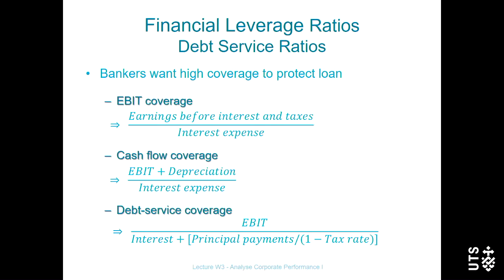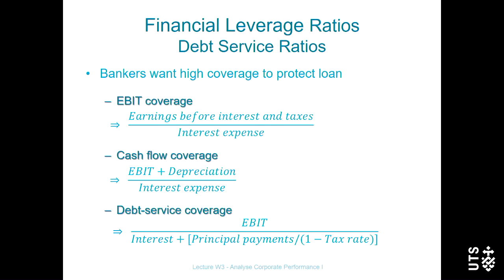So the bottom of these ratios, the debt service coverage, is not only looking at the interest payments from debt, but it's also looking at interest plus the principal payments, right?